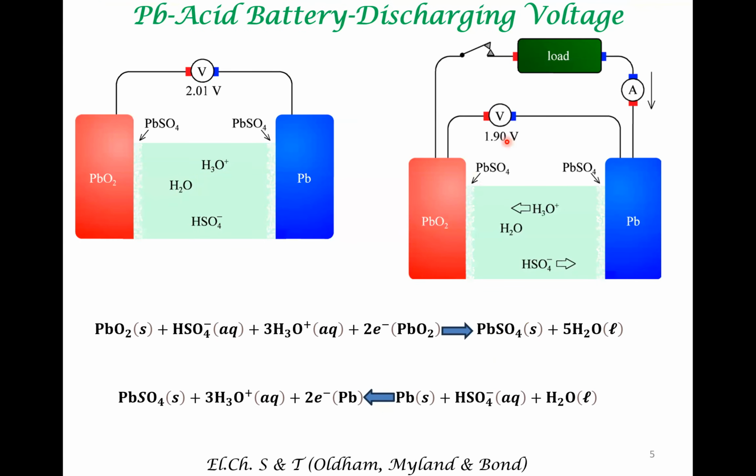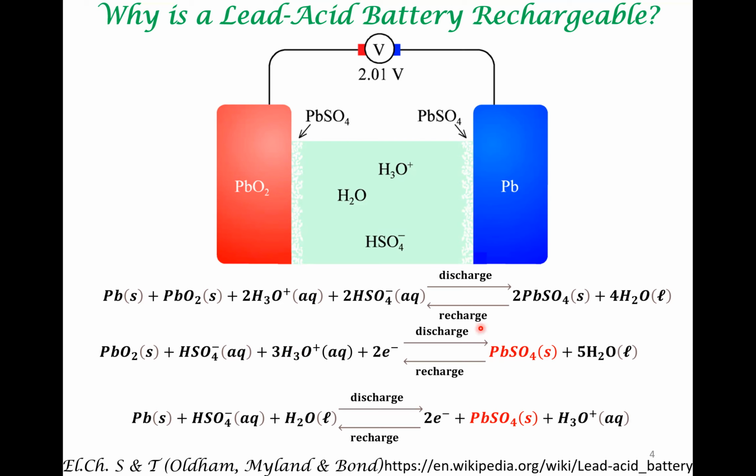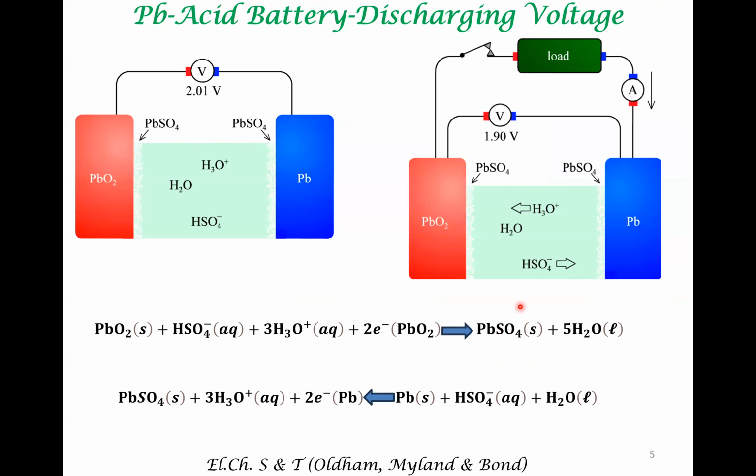So let's move on. The discharging voltage is less than the voltage mentioned here. During the discharging process, the reaction occurs predominantly in one direction. Here we had shown the equilibrium between the reactants and products, but during the discharging process, this set of reactants gets converted to this set of products, and this set of reactants gets converted to this set of products.